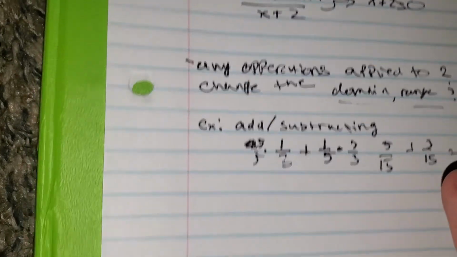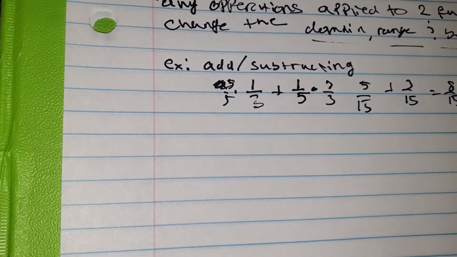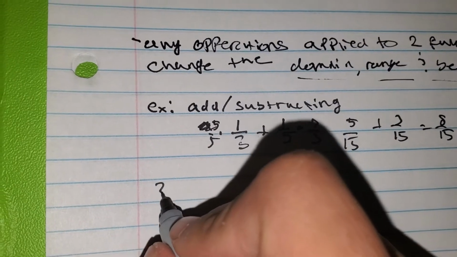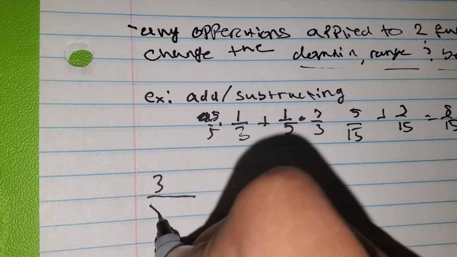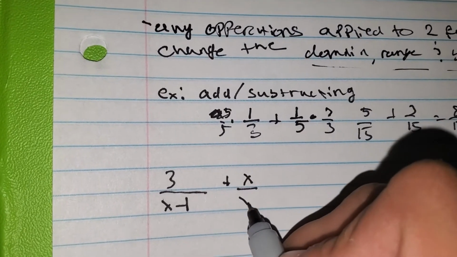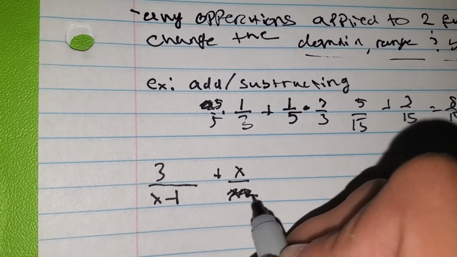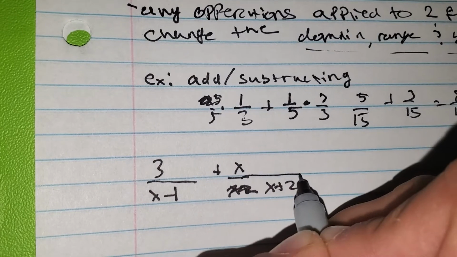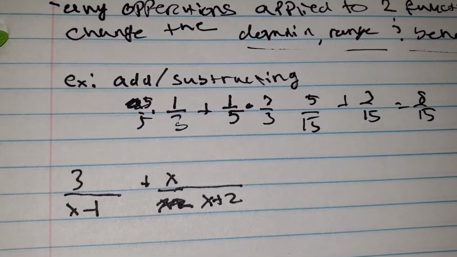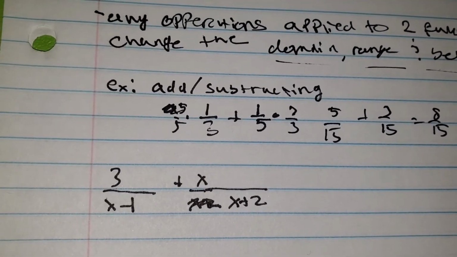Well, same case for rational expressions. So if we have 3 over x minus 1 plus x over x plus 2, how do we simplify this rational expression?